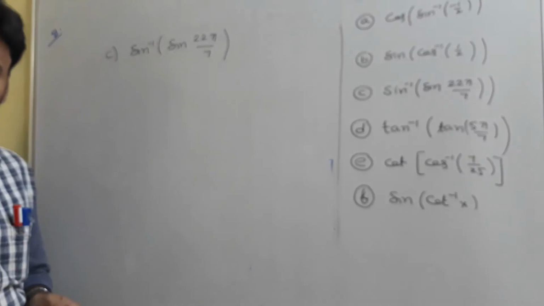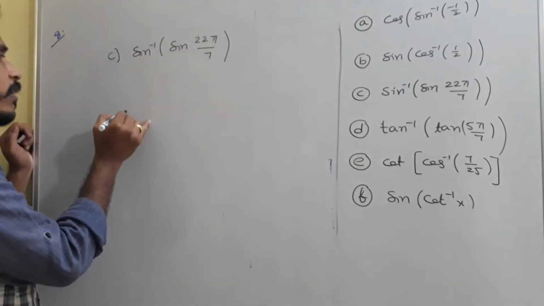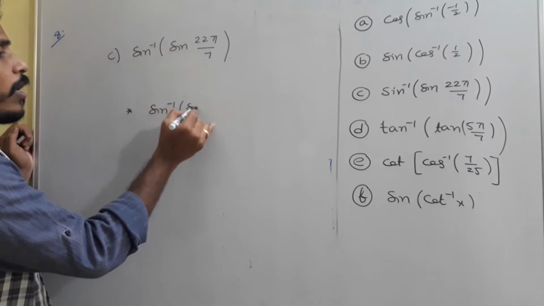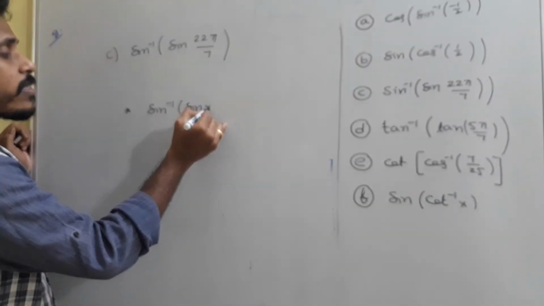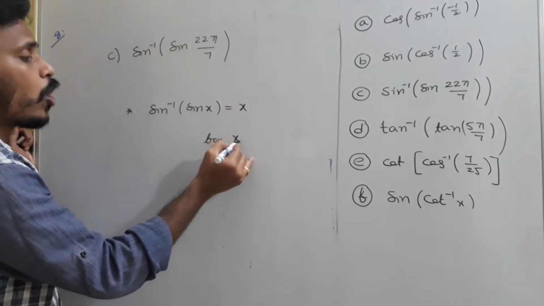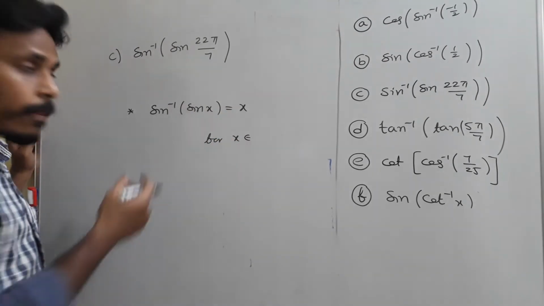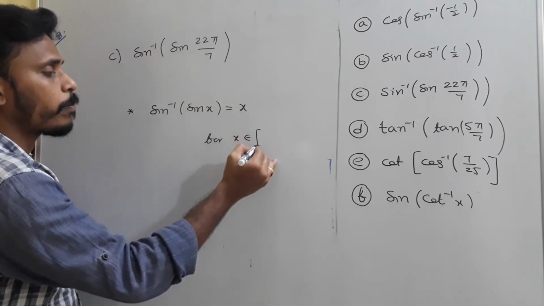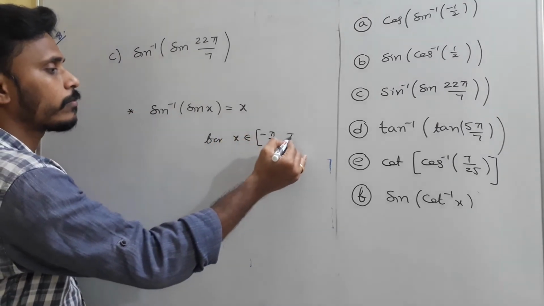How to solve this? As I mentioned, sine inverse of sin x is equal to x for x belonging to the domain as well as the range of sine inverse, which is minus pi by 2 to pi by 2.